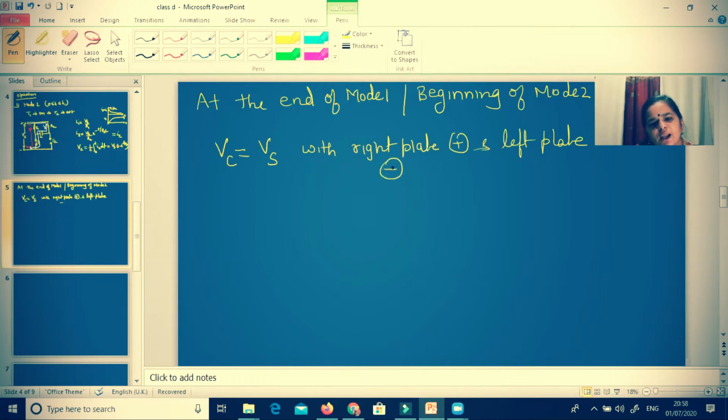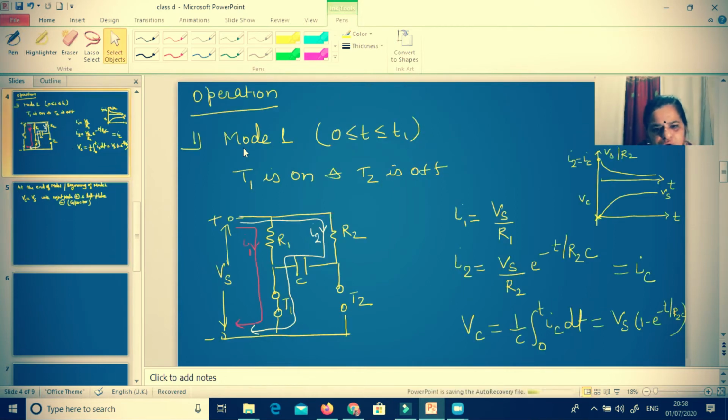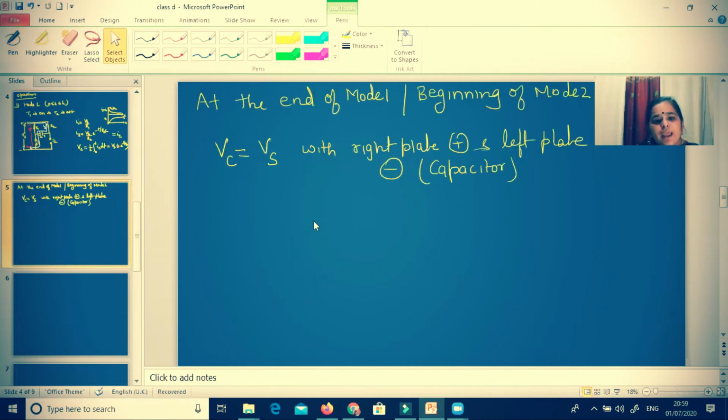You can see, since the current flowing through the capacitor is right to left, of course this end will be positive and this end will be negative. So it will charge with this polarity by a voltage of Vs.